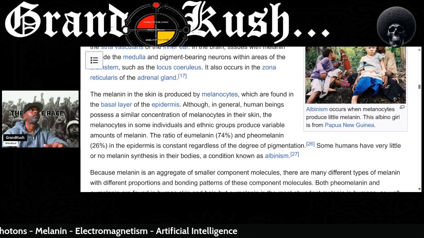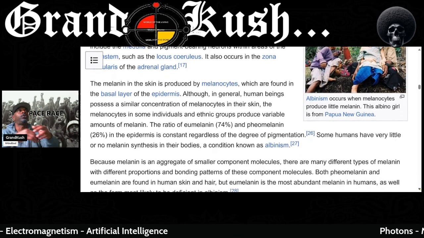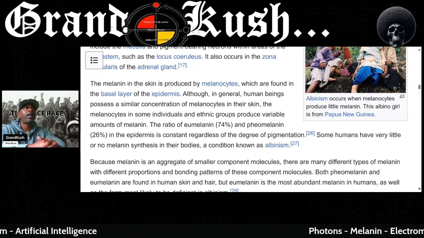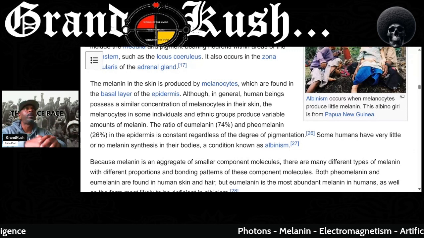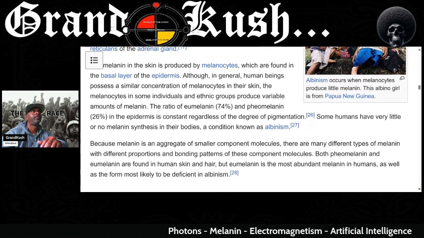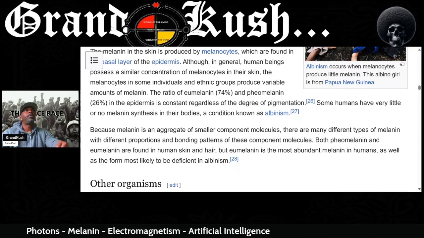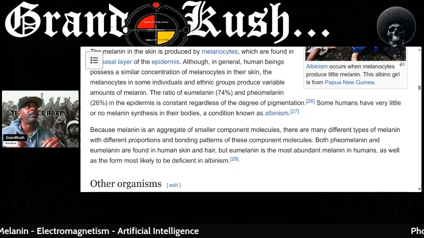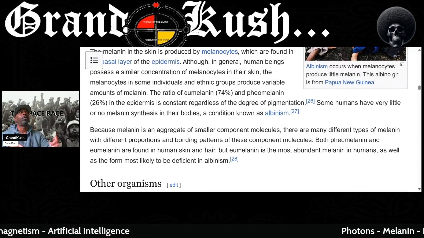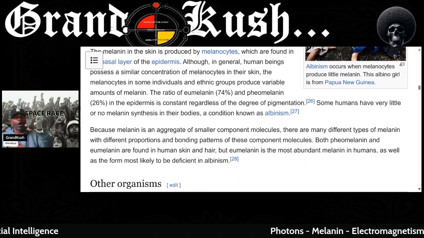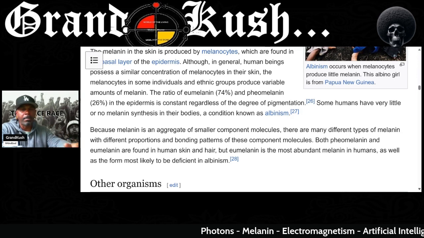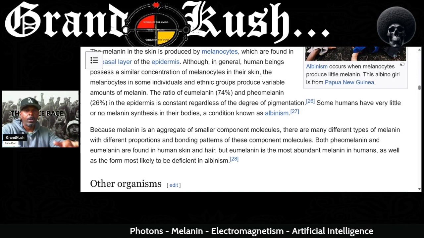Once again, it tells you the ratio of your melanin is 74% to 26%. Some humans have very little or no melanin synthesis in their body, a condition known as albinism. Now, all races can make albinos, okay?